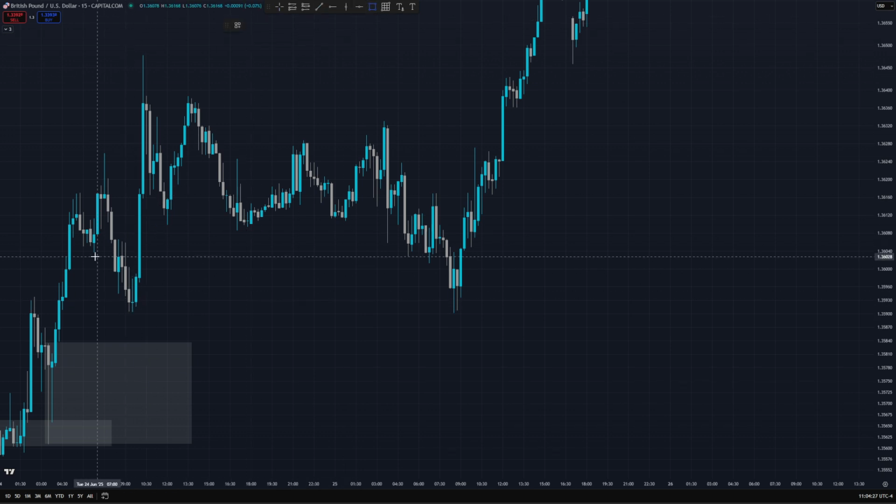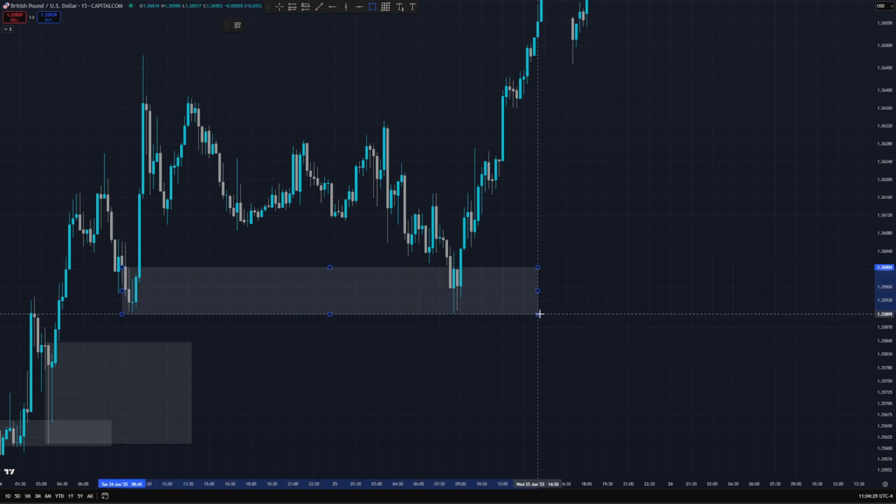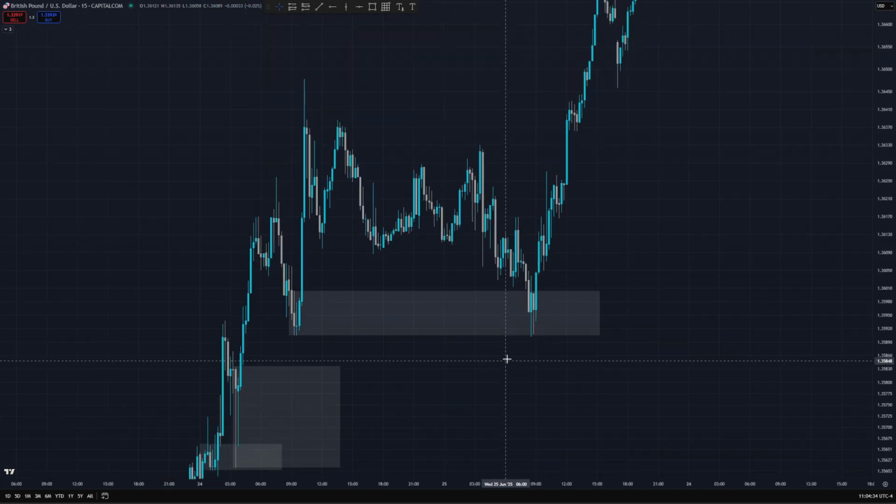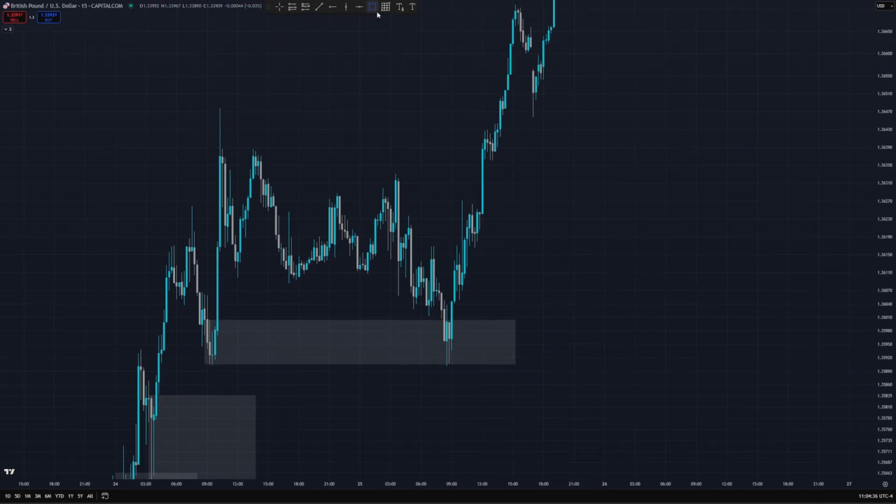Really, price is just visiting this order block. And it's also put one in itself.